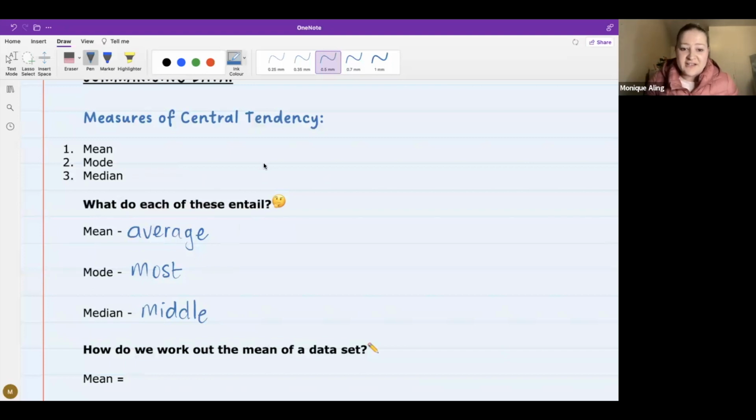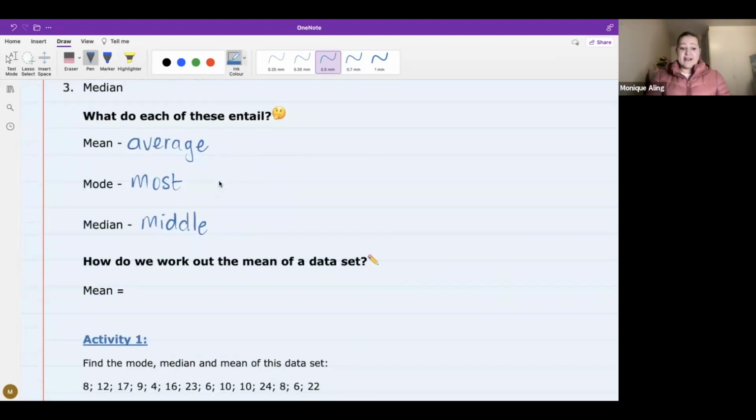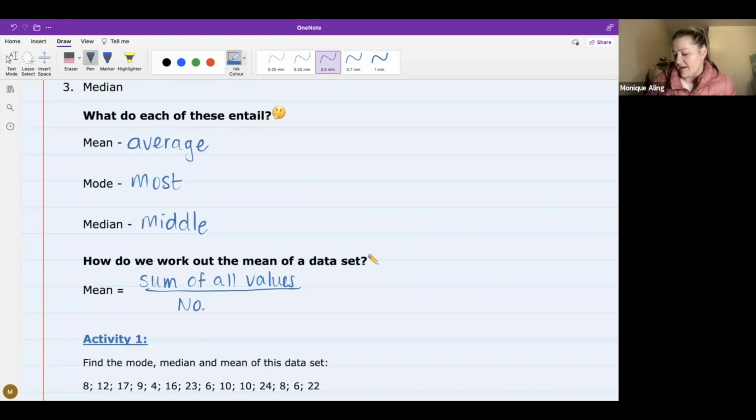Okay, good. So I see you just said that. Arrange numbers from smallest to largest, and then we find the middle number. Okay, so just a quick one. How do we work out the mean? We take the sum of all our values over the number.